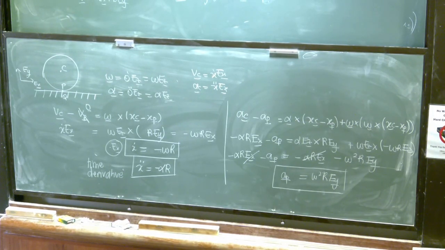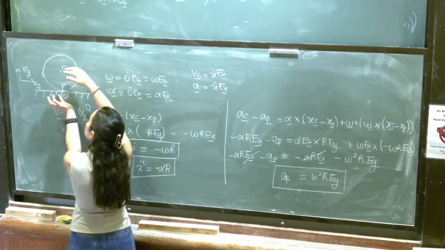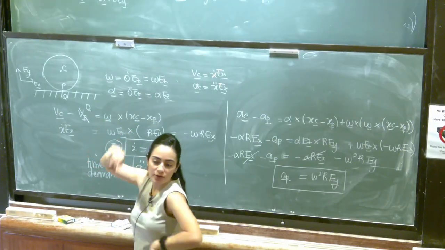It's going pure up. So I'm rolling, and this point is elevating rather than elevating and slipping. So the acceleration is purely upwards.